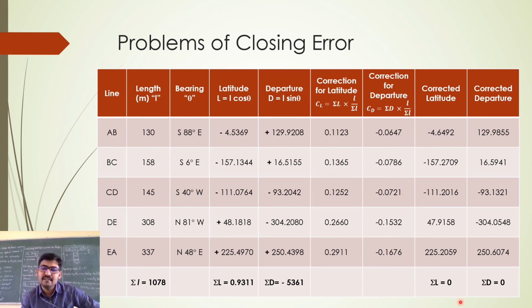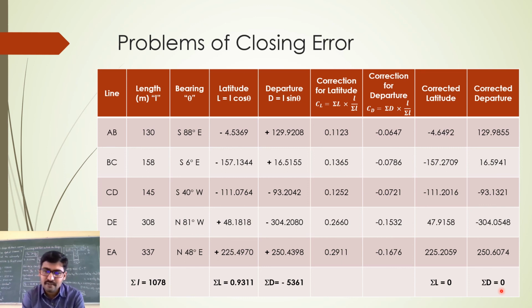So finally, when you are done with all the corrections for all the lines, then when you add all these corrected latitudes, you should get the sum equal to 0. Look at the last table: corrected latitude sum, corrected departure sum.